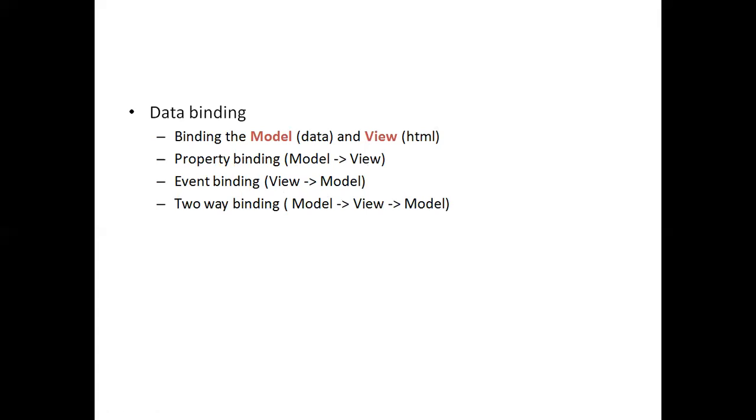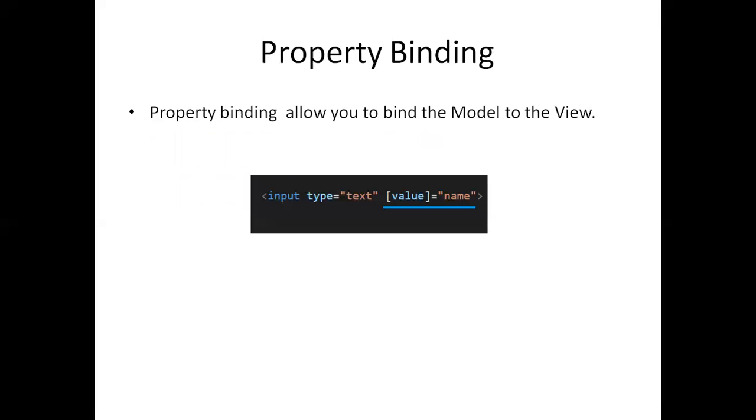Let us understand one by one what property binding and event binding are, and how to achieve two-way binding by using these two. The first one is property binding. Every HTML element has its own properties.